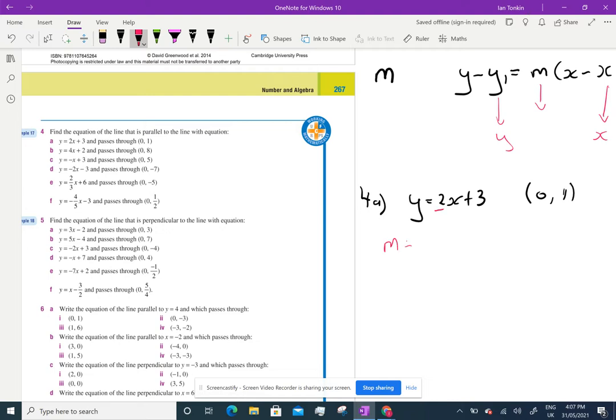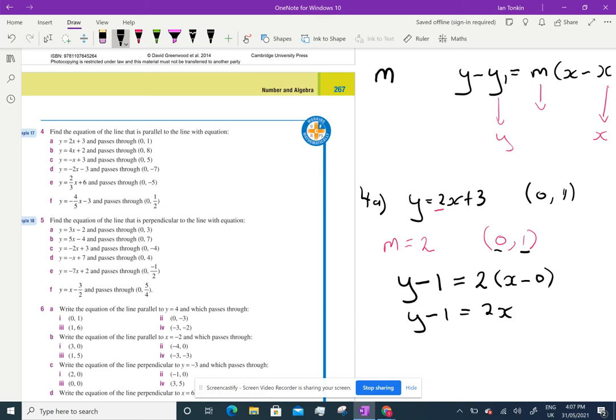So m equals 2, and my point is (0, 1). So what I do is I write y minus the y value, which is 1, equals 2 outside of x minus the x value, which is 0. y minus 1 equals 2x.